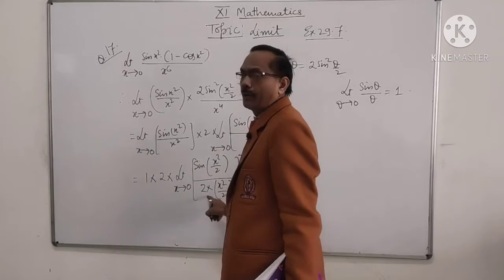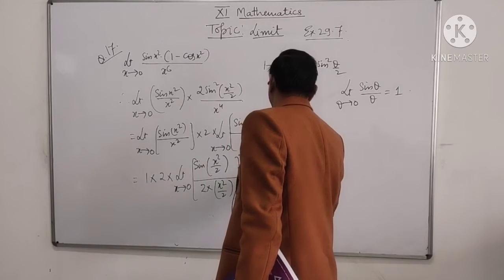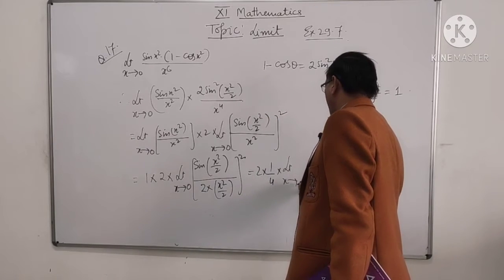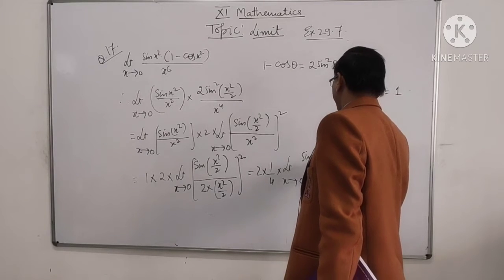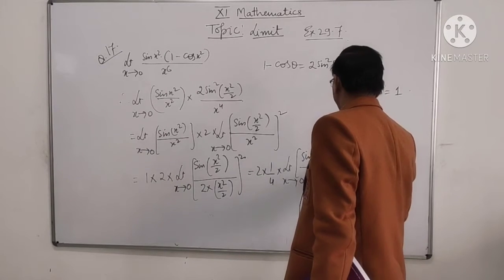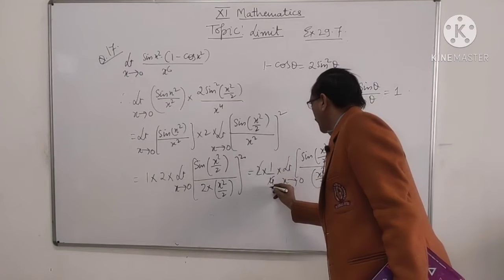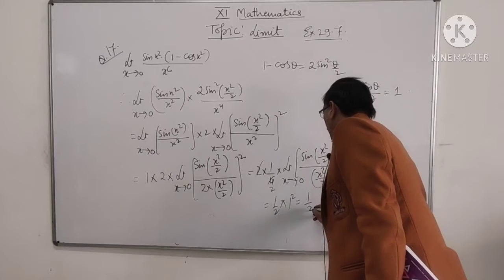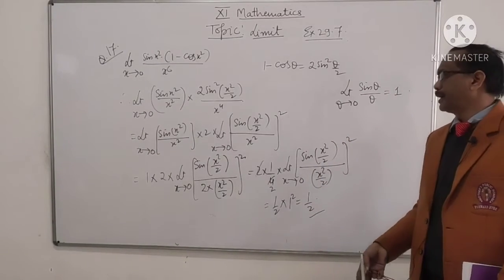This 1 by 2 take it out, so it is 4. 2 into 1 by 4 into, again this limit is 1: limit x tends to 0 sin of x square upon 2 upon x square upon 2 whole square. So 1 upon 2 into 1 square will be 1 upon 2. The value of the limit is 1 by 2.